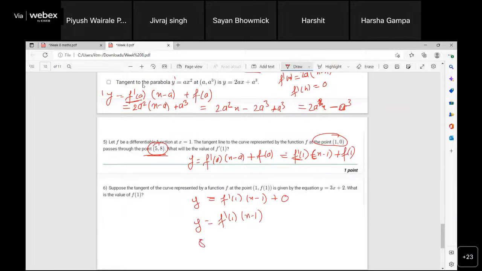So when x equals 5, y equals 8. Just put 5 minus 1. So f dash of 1 into 4 is 8, so my f dash of 1 will be 2. So 2 is the correct answer. Any doubt in this part?